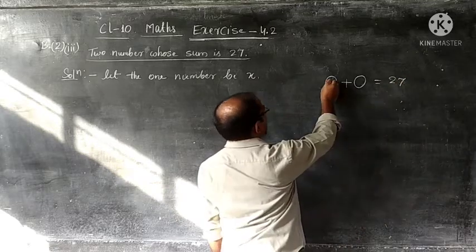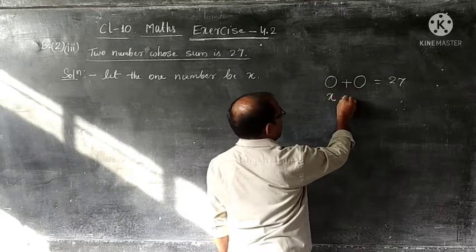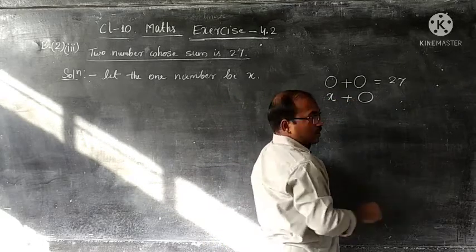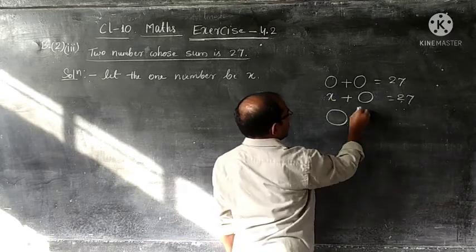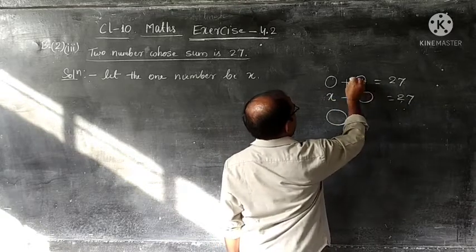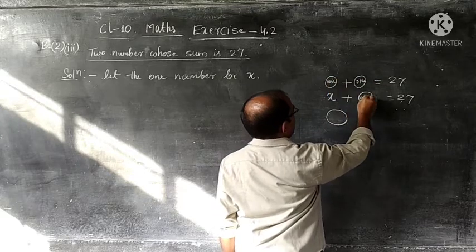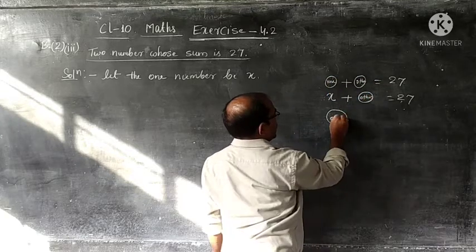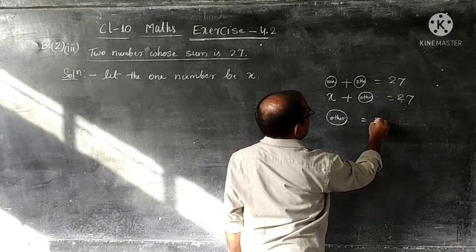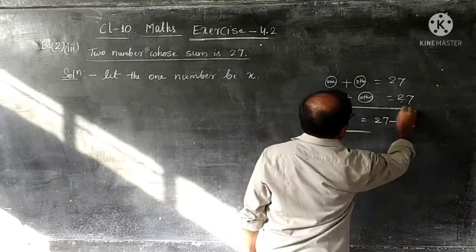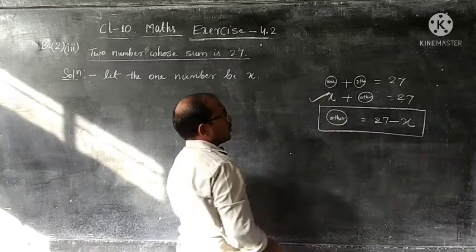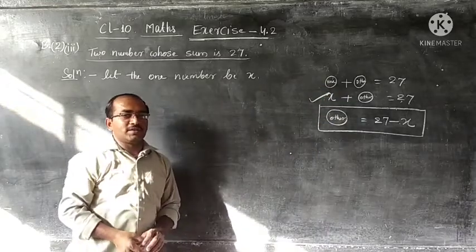This number is x, this number we still don't know, is equal to 27. Now x will go to the other side. So the other number will be equal to 27 minus x. So when one number is x, the other number is 27 minus x.